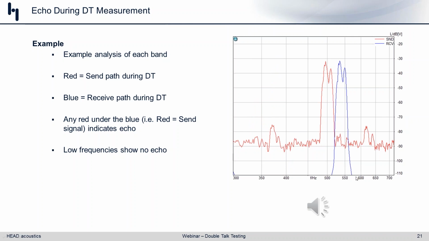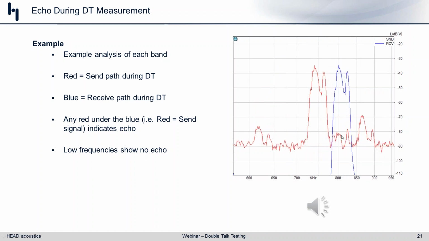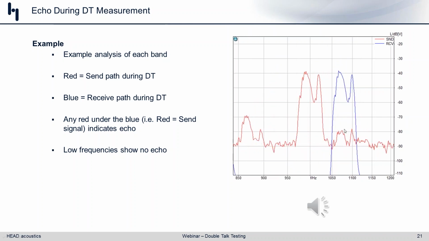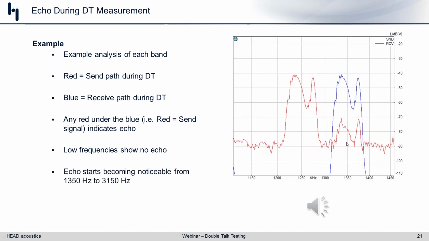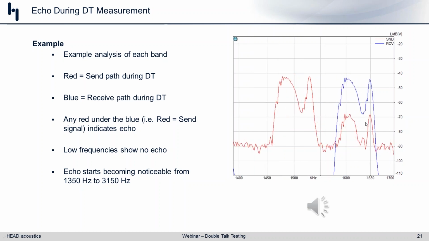But as we start to step through the frequencies, you can see that the spectral shapes start to align, meaning that when our device is receiving the signal during double talk and it is sending this back up, we know that this wasn't generated locally. This is an issue with the echo canceller at 1300 hertz that is going to be a real issue.